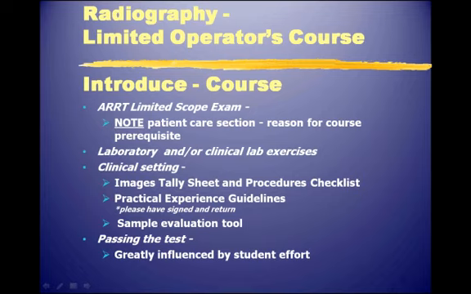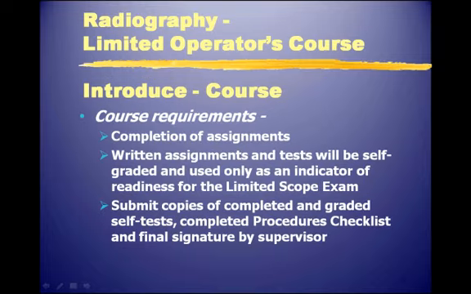And then passing the test, of course, is the goal we all have, but it's greatly influenced by how much effort you put into the course. And we're always available to answer questions. To complete the course satisfactorily, you need to complete all of the assignments. This includes written assignments and tests, which you will grade yourself and then submit to us those completed and graded self-tests, just the answer sheet, not the entire test.